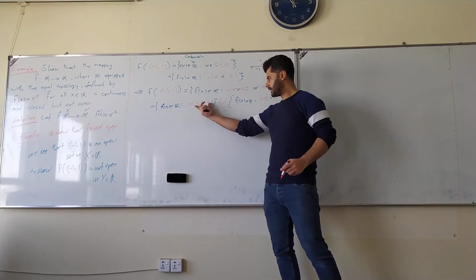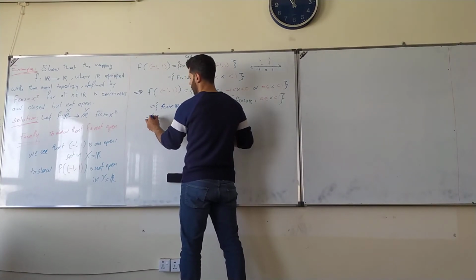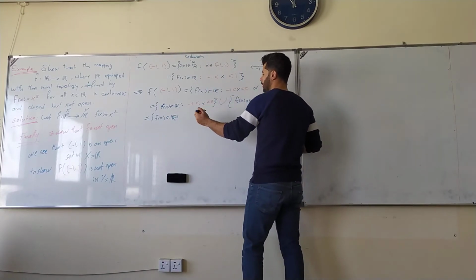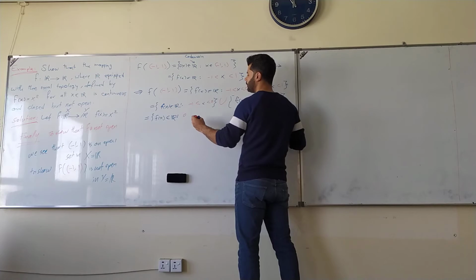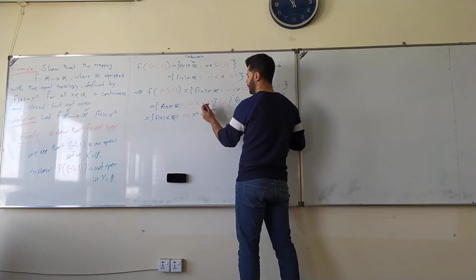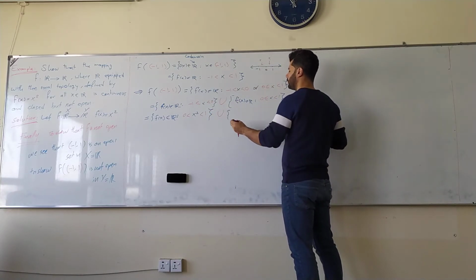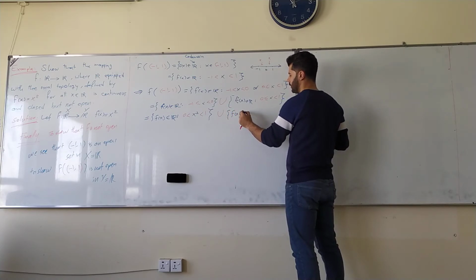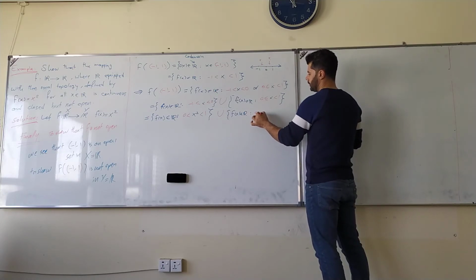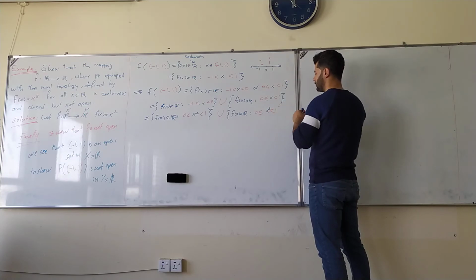Squaring all sides of the inequalities, we get f of x belongs to R such that 0 less than x squared, which is less than 1, union f of x belongs to R such that 0 less than or equal to x squared, which is less than 1.